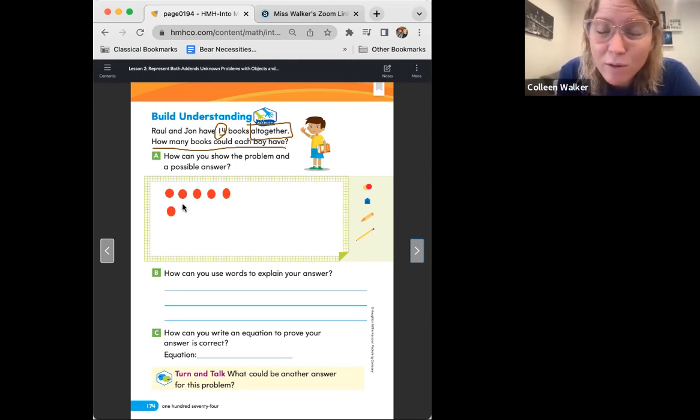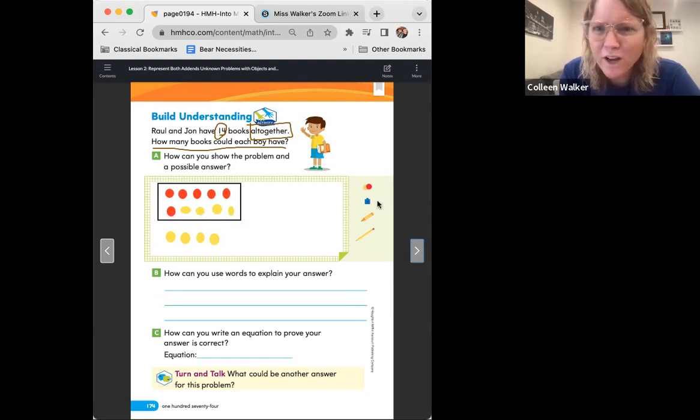So we have to keep counting till we get up to 14. What comes after 6? 7, 8, 9, 10, 11, 12, 13, 14. Awesome, friends. This is my little 10 frame that I did right here. I'll put a little rectangle around that so it's easier to see.